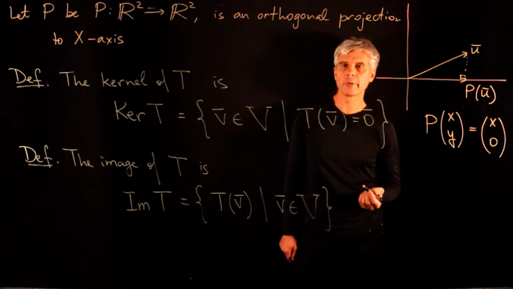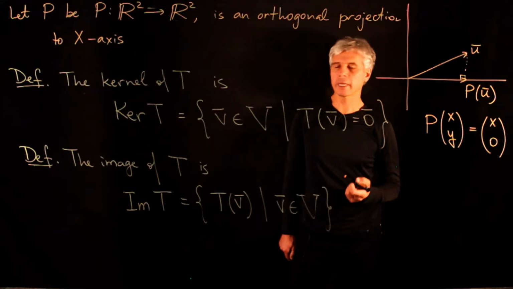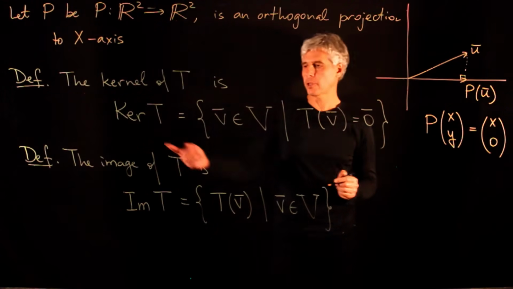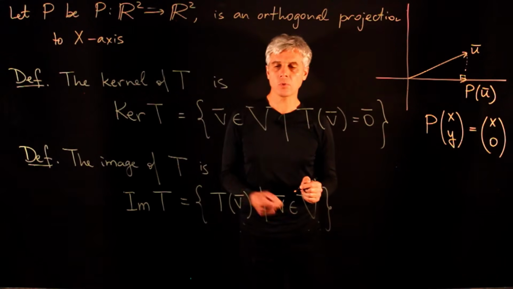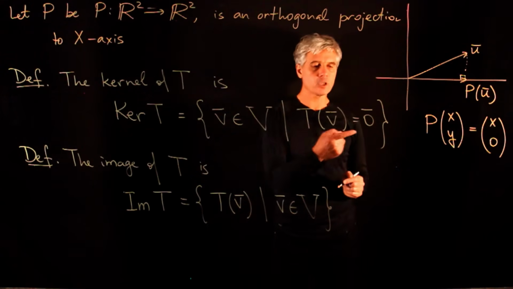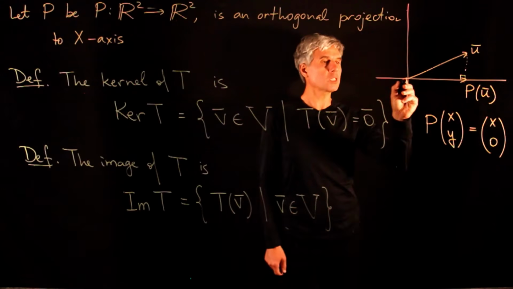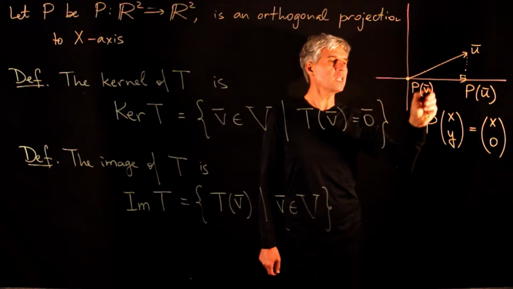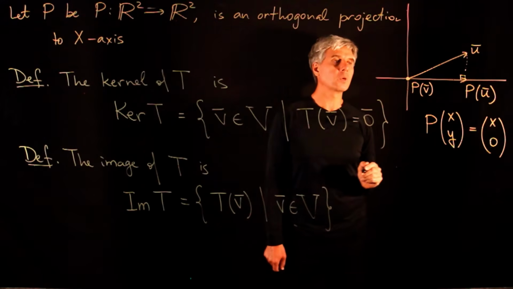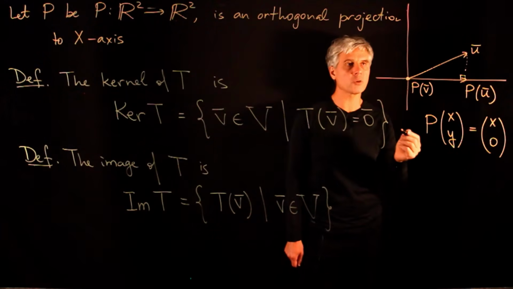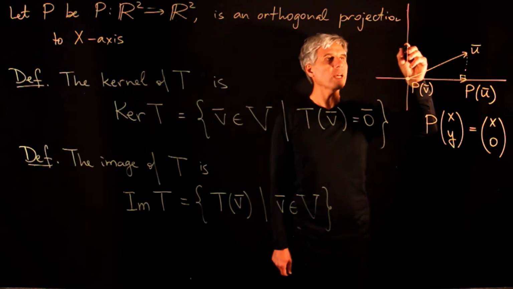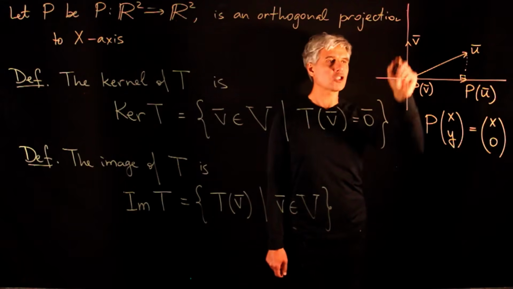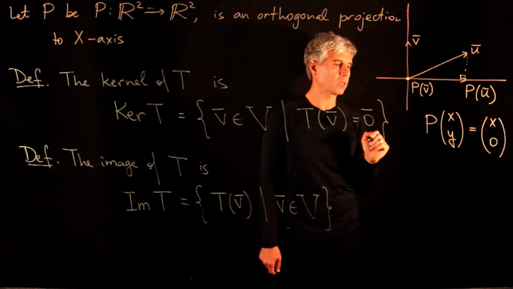Now let us determine what the kernel and the image are for this linear transformation. Well, for the kernel, we're looking for all vectors that project to 0. So P of that vector v must be the zero vector. Which vectors project to the zero vector? It's clear that all vectors on the y-axis will project to the zero vector.